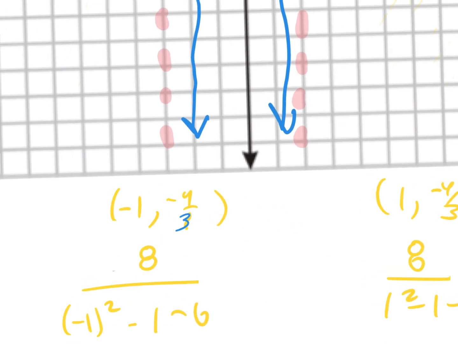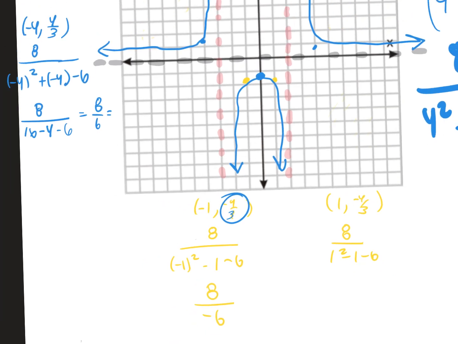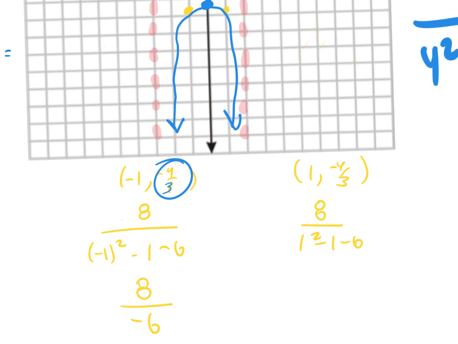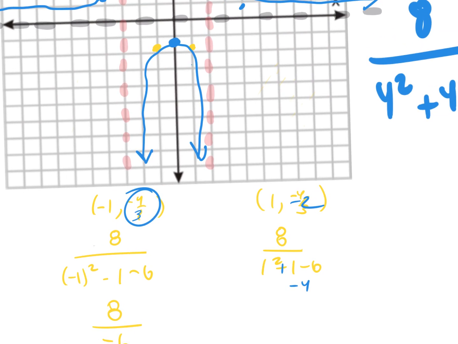Really and truly, the only thing that matters is that you realize that this is negative, so you know it's below the x-axis. When you plug in the positive, literally 1 squared plus 1 minus 6. So 2 minus 6, still going to give you -4, right? So it would be -2. What's the important thing? That it's below.